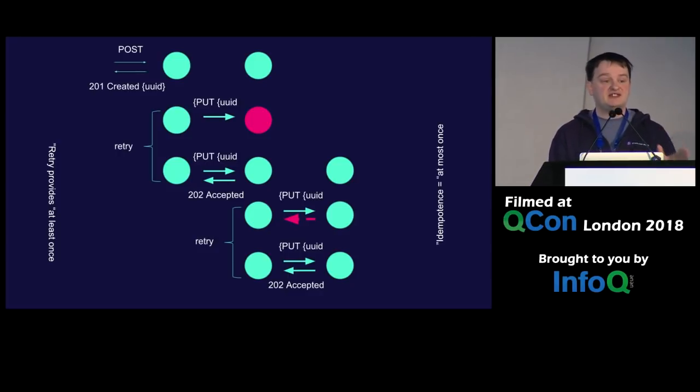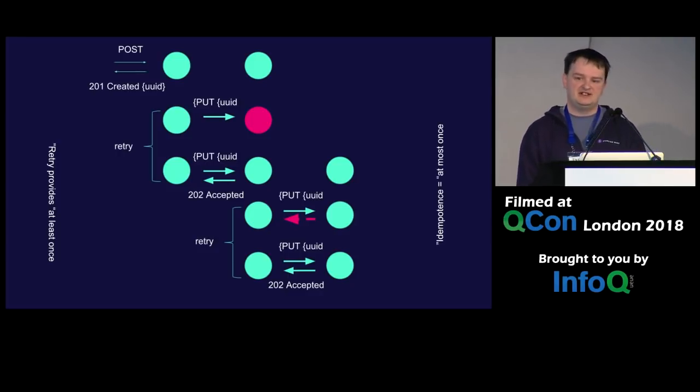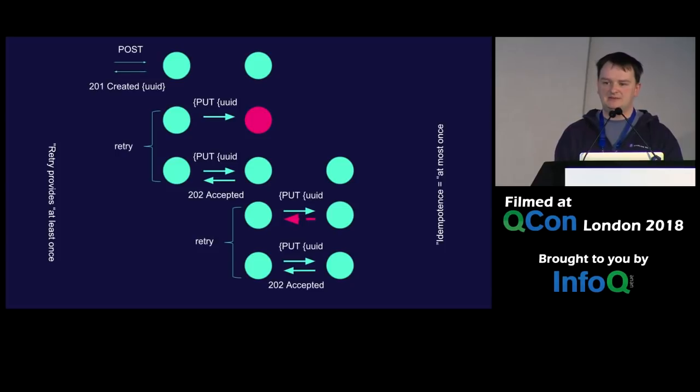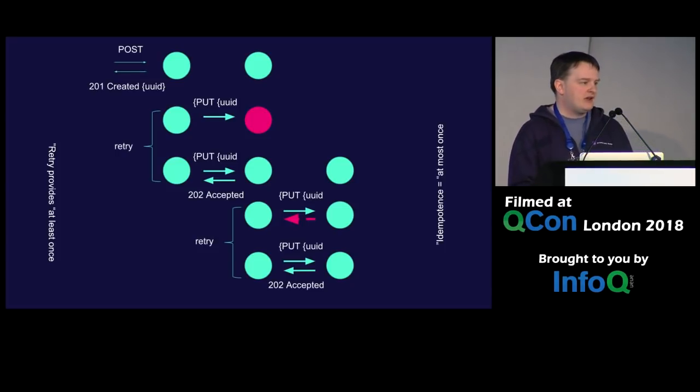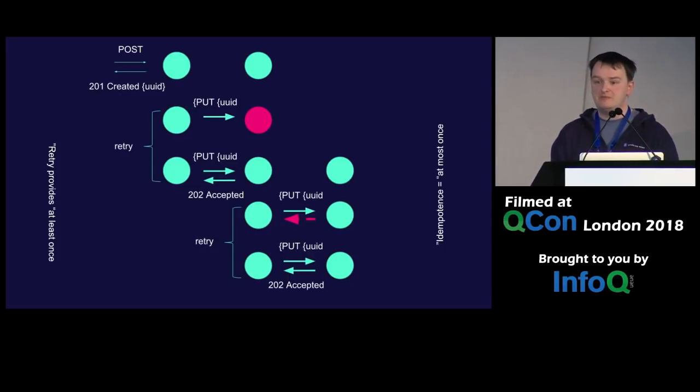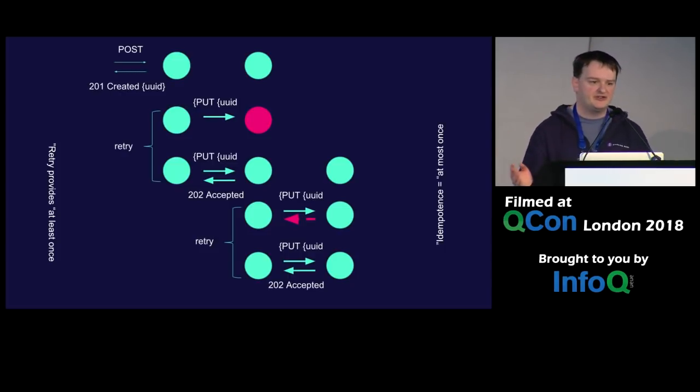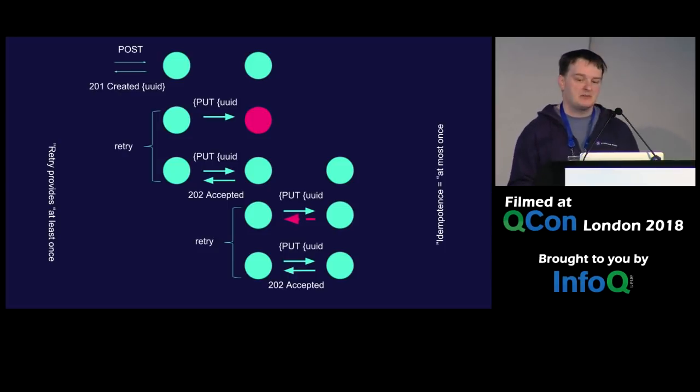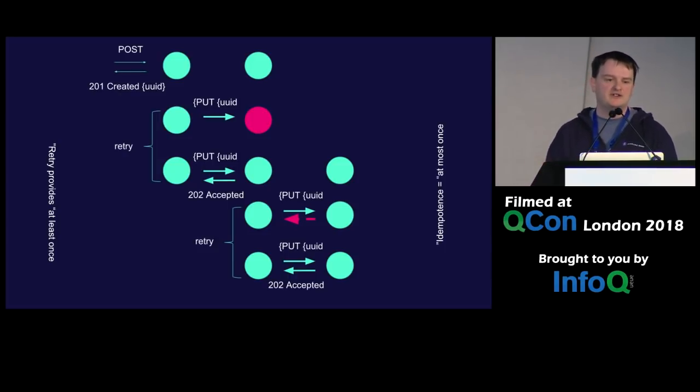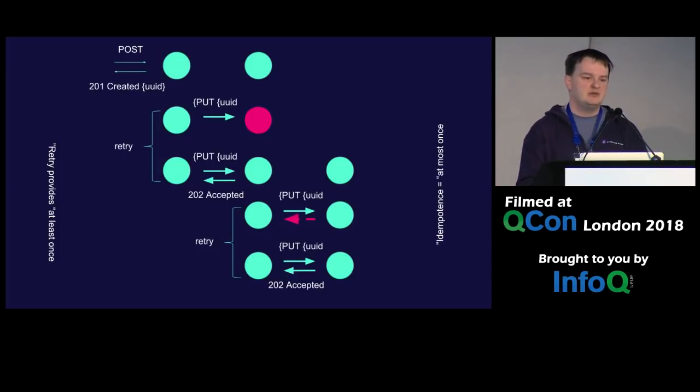And bank logs that unique identifier in its database. Now, we can imagine a scenario where, for whatever reason, the response back gets lost. It doesn't come back. Bank's done the work, it's logged the fact that this work item needs to be done, but the response has been lost along the way. So payment's sitting there thinking, well, it didn't complete.